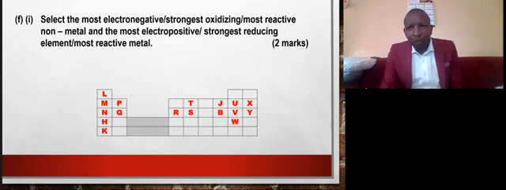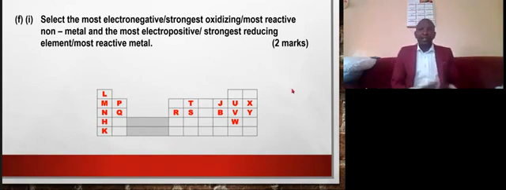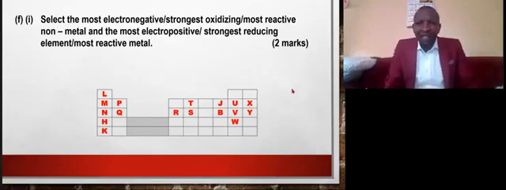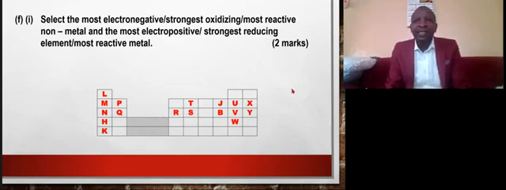So the strongest reducing element is the one that has the highest tendency to lose electrons. Students, can you get this one right? If you are taught to pick the strongest reducing agent, it is the same as being taught to pick the most reactive metal.